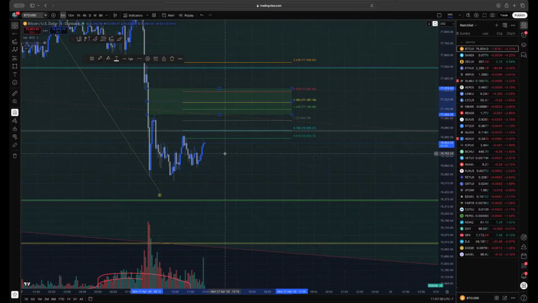So I'm biased on Bitcoin into that zone, and I will take my TPs around 77,138 to 77,197, right?